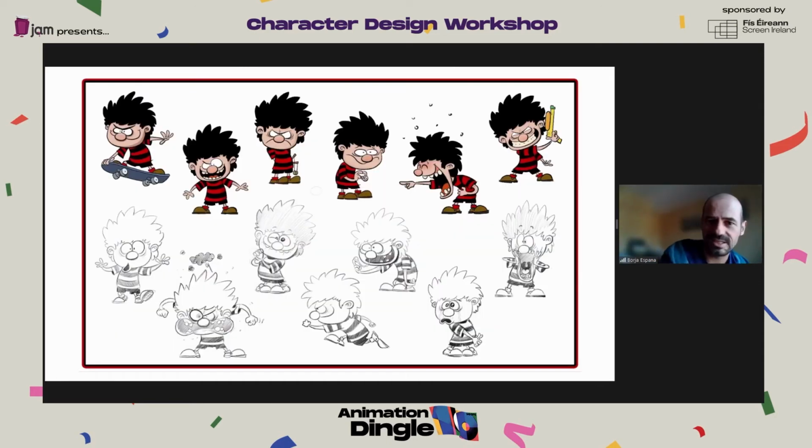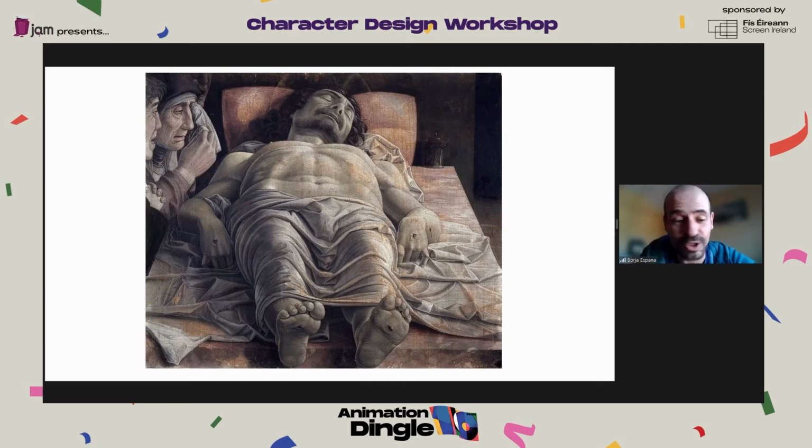This is some work we did for Dennis the Menace. Anyway, I just lost my train of thought, as you can see, but no problem. We go back. So we have rhythm, we have expression, and then we have dynamism.